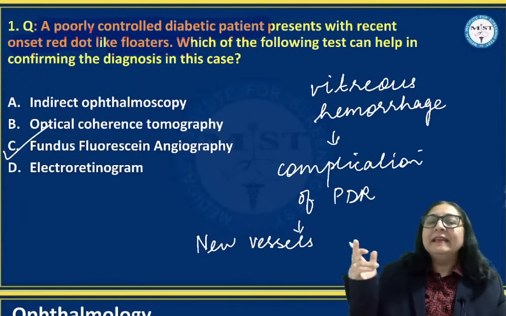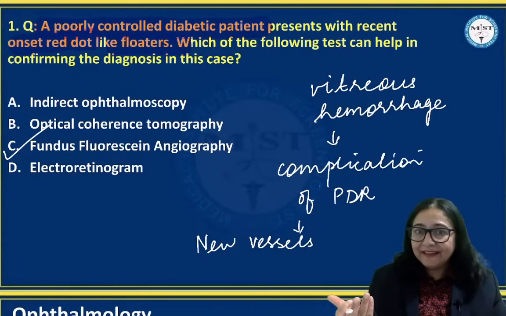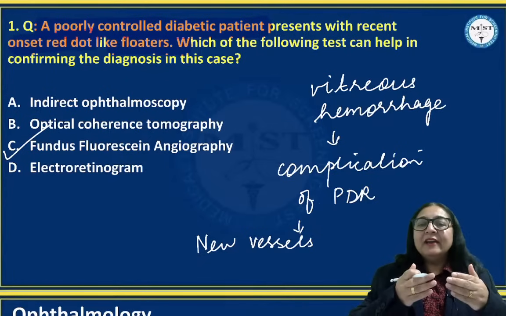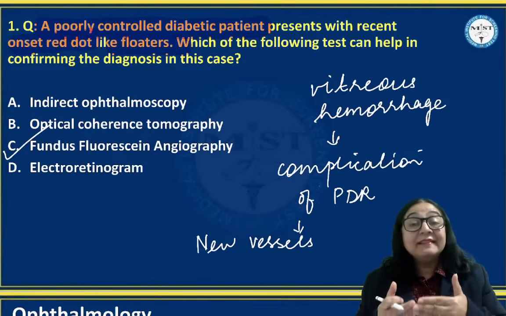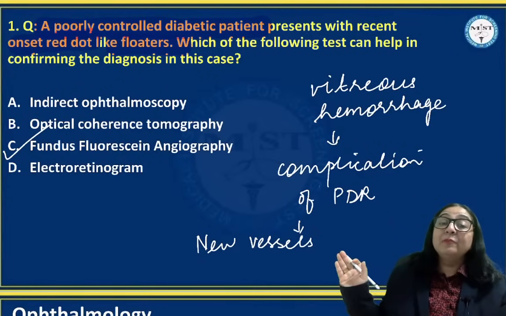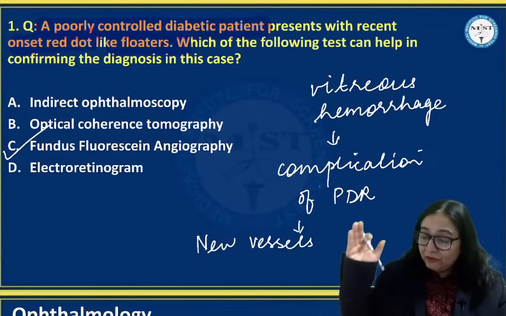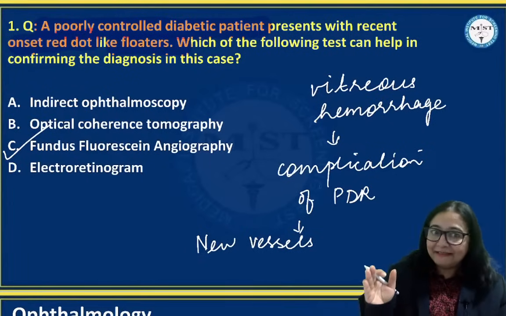The choice D, electroretinogram, ERG, is an electrophysiological test of the retina. ERG is an investigation of choice for retinal diseases like retinitis pigmentosa. It has no role in picking up new vessels. So this is the explanation why FFA is the right answer here.